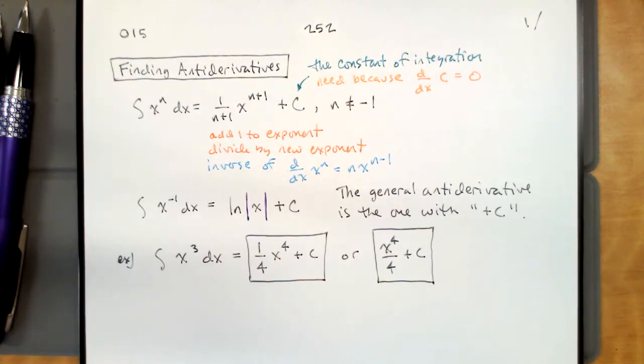Some of you might have been brought up in a slightly different notational convention, and so you might want to write and even think and say x to the 4th over 4. Integral of x cubed is x to the 4th over 4.